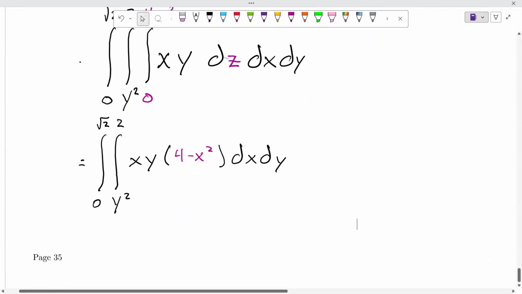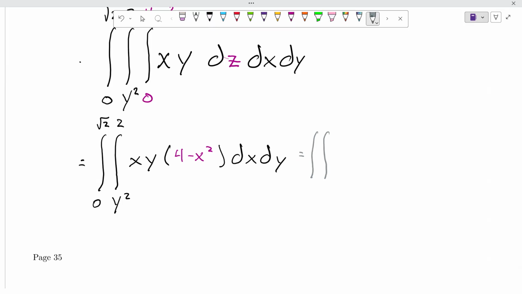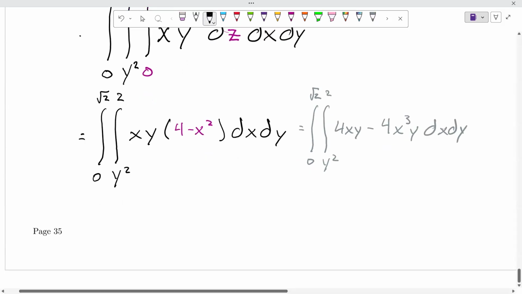We are so out of space to get all this done. Another double integral: this looks like 4xy minus 4x cubed y, from y squared to 2 and from 0 to root 2, dx dy.